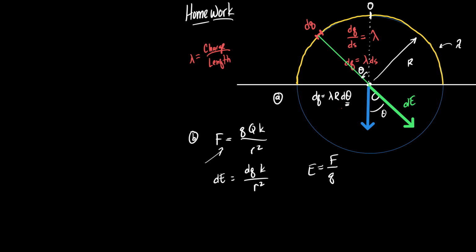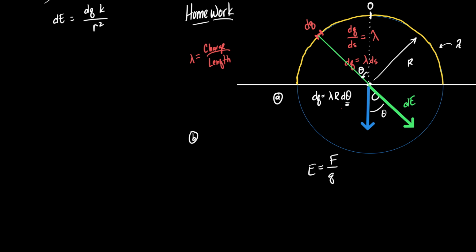So with that in mind, I'm going to build my integral from what I have here already. I'm going to replace dq with what I solved, lambda r d theta k. R squared is going to be capital R squared to match up with the symbology given to us. And it looks like every single piece of charge is the same distance away, capital R. And now I'm going to realize that I probably don't want dE.